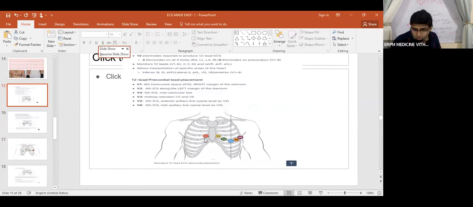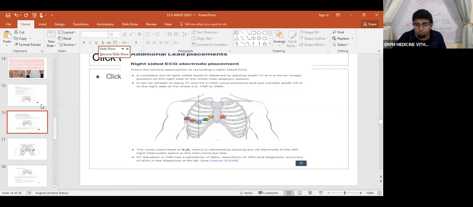You can also put leads on the other side, the mirror image of V1 to V6. So it's opposite to V1 to V6 on the other side.